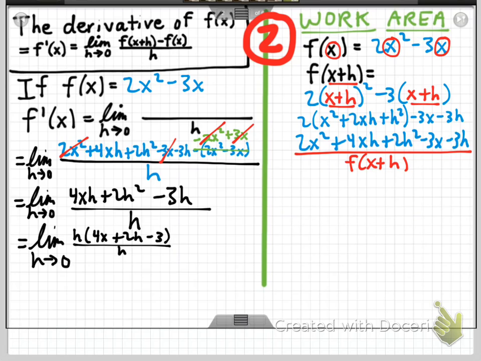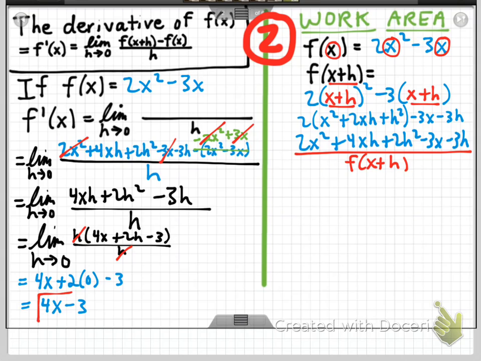So we can cancel the h, and now that the h's have been canceled, we can substitute h equals 0 in for h here, and we get 4x plus 2 times 0. Sometimes students forget to actually put that h equals 0 in there, and they get something other than what I just got, but this is equal to 4x minus 3.